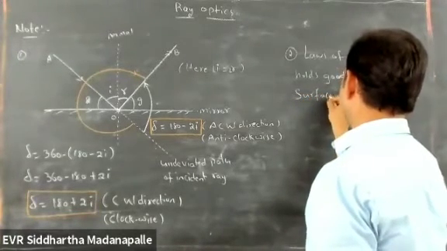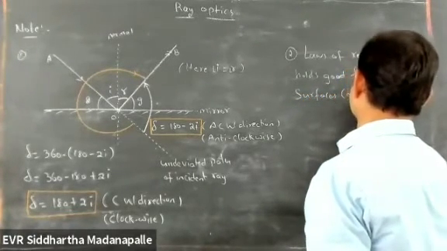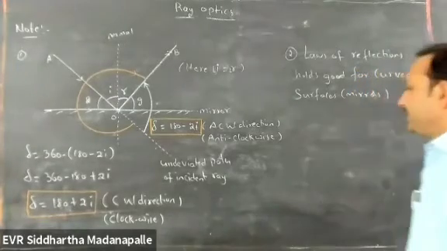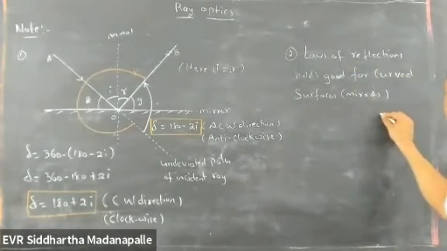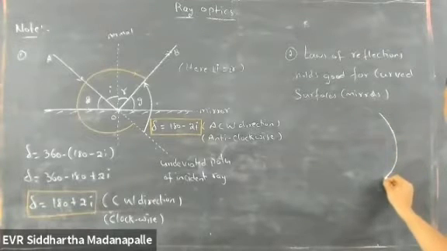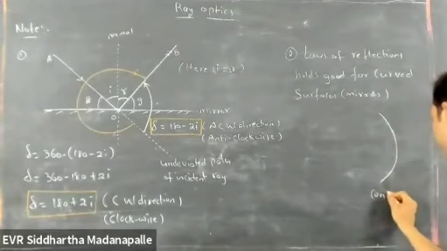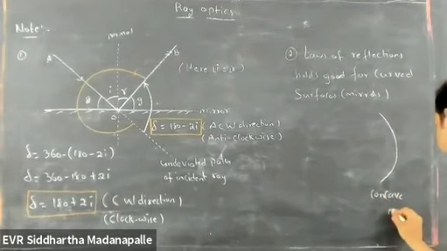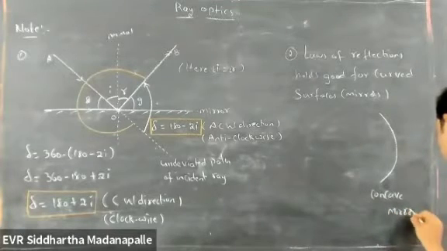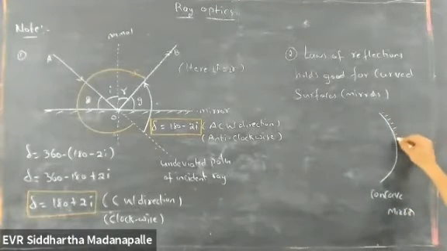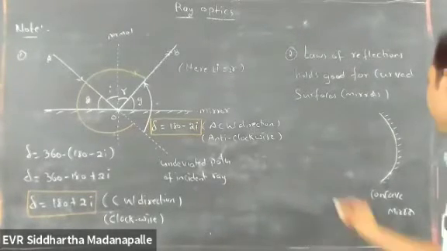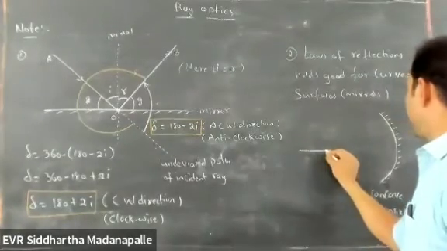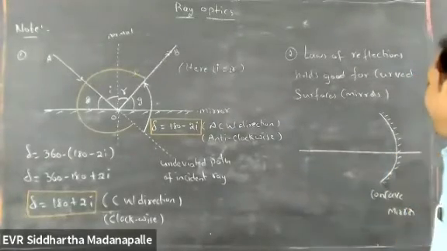For curved surfaces or curved mirrors, for example, let us consider this is a concave mirror. So I am taking a concave mirror here. In the next class, we will discuss the different types of spherical mirrors. So let us consider this is a concave mirror here. And this is the principal axis.